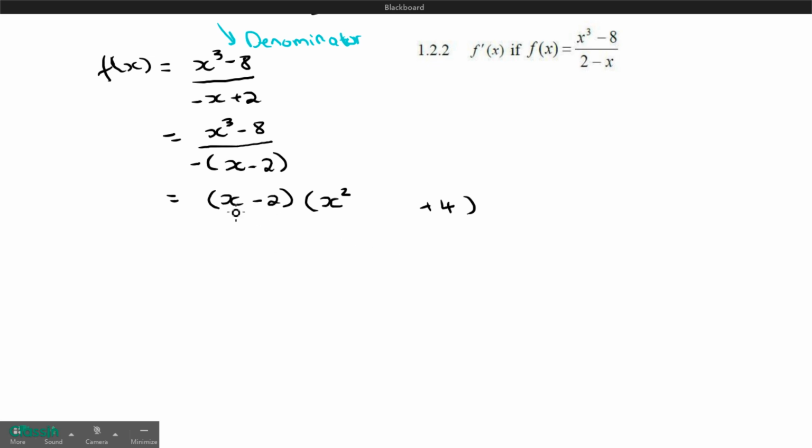Now, once we have this, we can say that we have x squared plus 4. Now, we take this x and 2, we multiply them together. 2 multiplied by x, the answer is 2x.